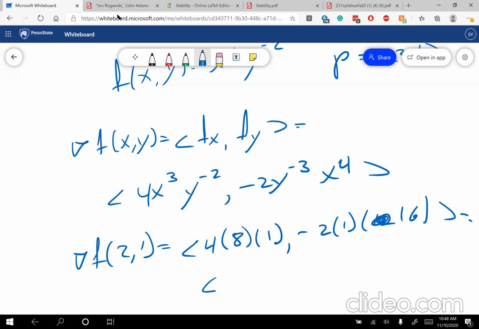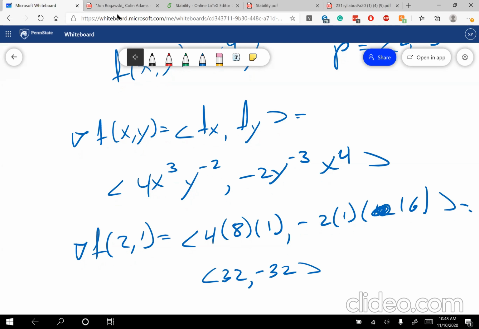And this is equal to (32, -32). So this is the direction of maximum increase.